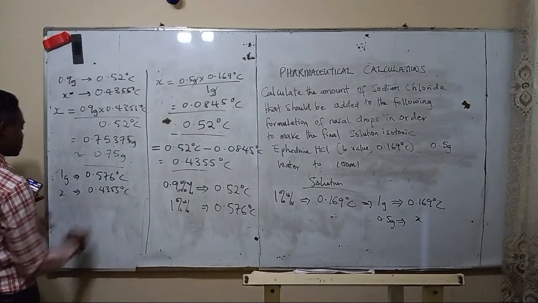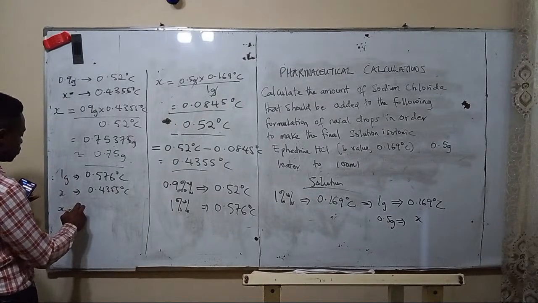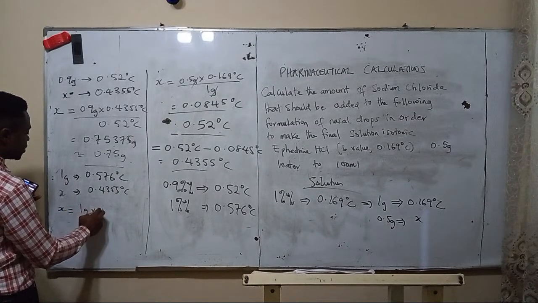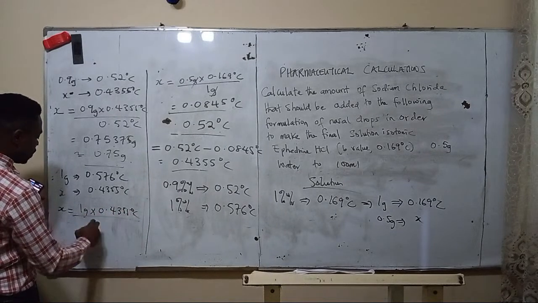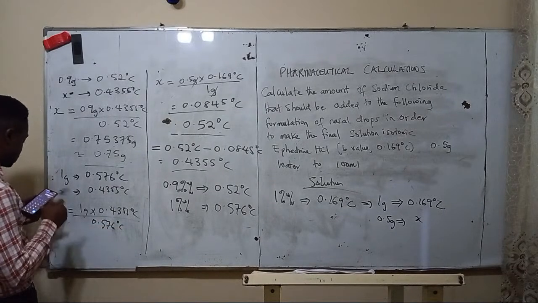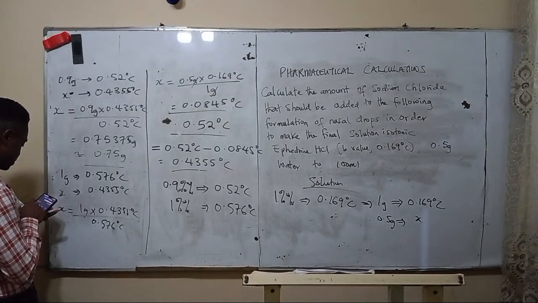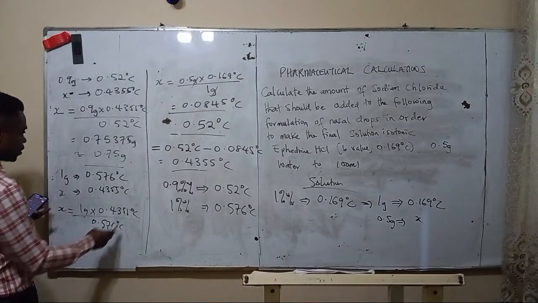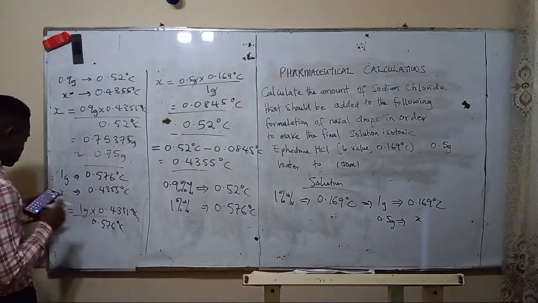0.4355 degrees Celsius? So X, we cross multiply. X is now equal to what? 1 gram times 0.4355 degrees Celsius over 0.576 degrees Celsius. So if we point the calculator, we have 1 times, of course, we cancel degrees Celsius, remaining grams.